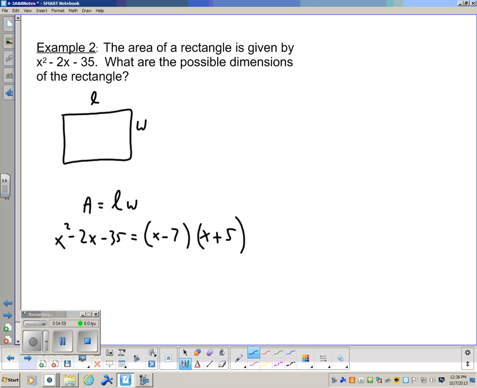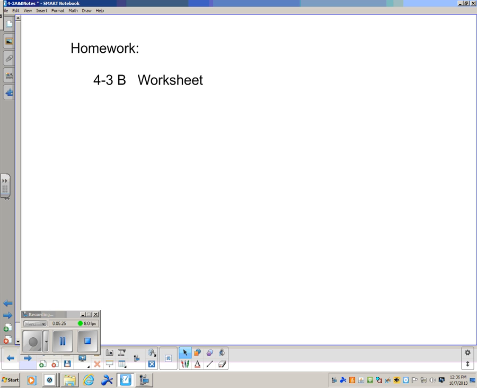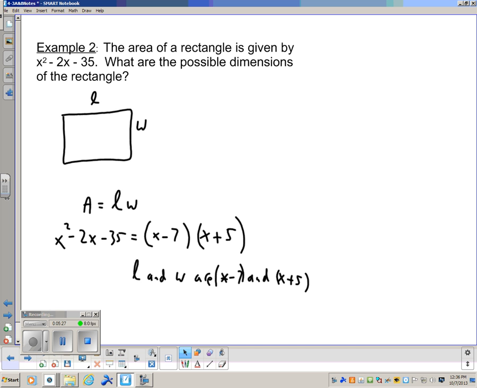So the possible dimensions of the rectangle here, the length and width, are x minus 7 and x plus 5. So again, just factoring those down gave me my results there. So continue working there with factoring when your a value is 1.